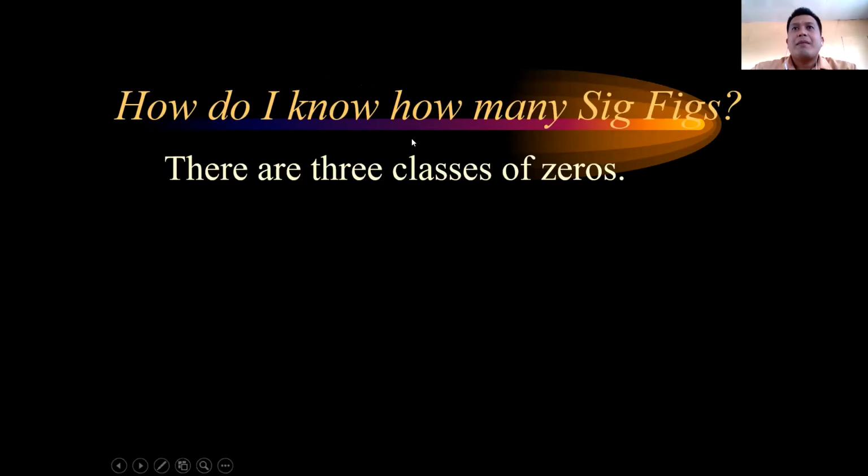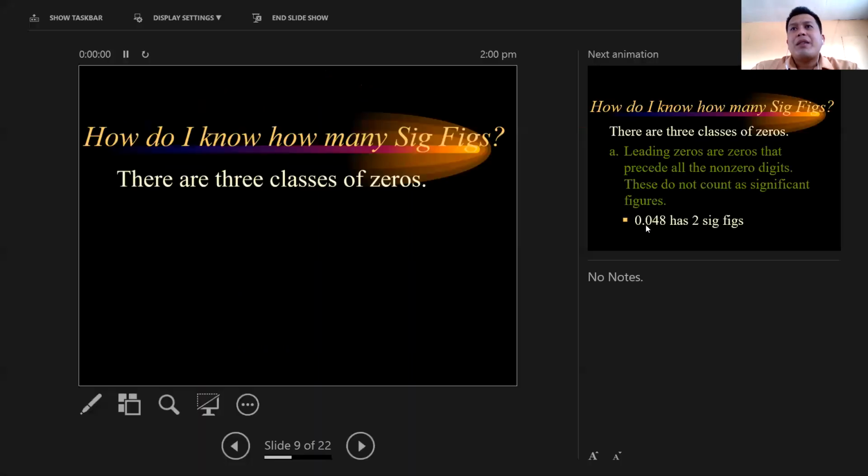So we have, again, what was the first rule there? Zeros in between two non-zeros are significant. Okay? There are three ways in which we're going to pinpoint the location of a zero.